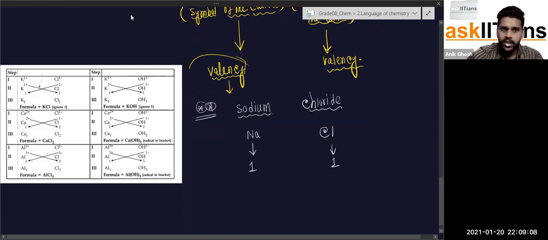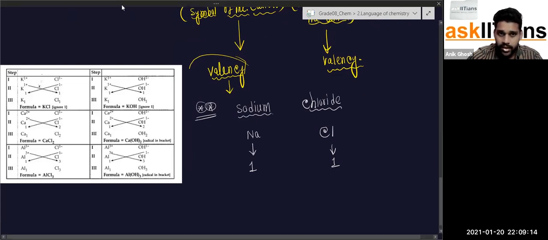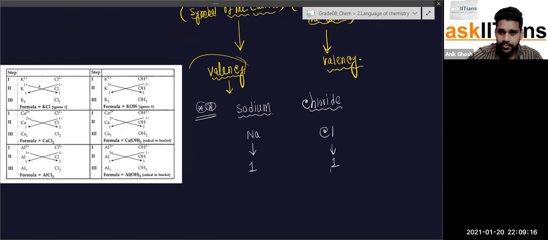Now, to write the formula of sodium chloride, the last step is that you are just going to make a crossover. You are going to write the valency of sodium with chlorine, and the valency of chlorine with sodium. This is what you're going to do, and we call it crossing over.